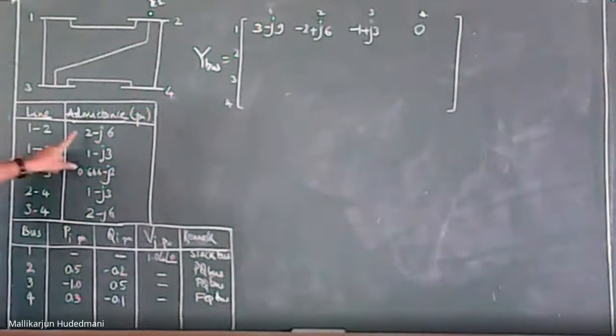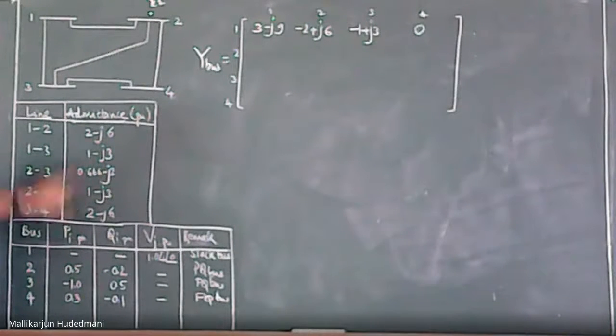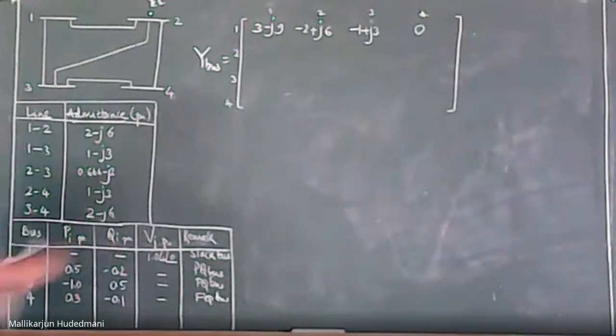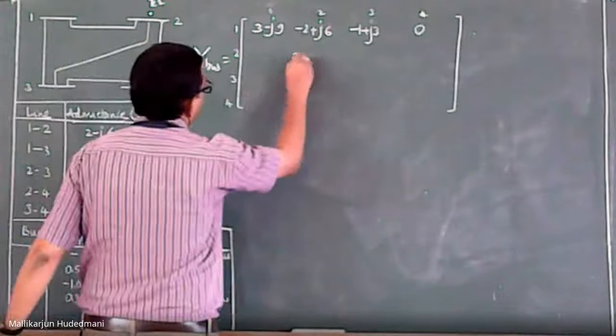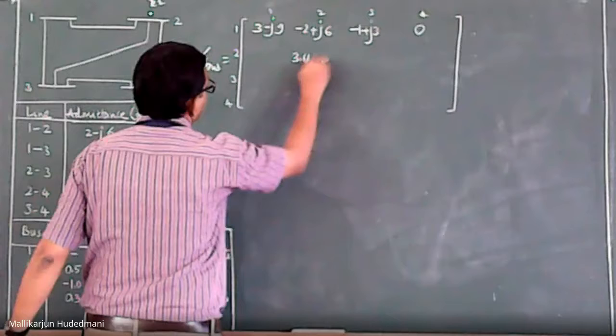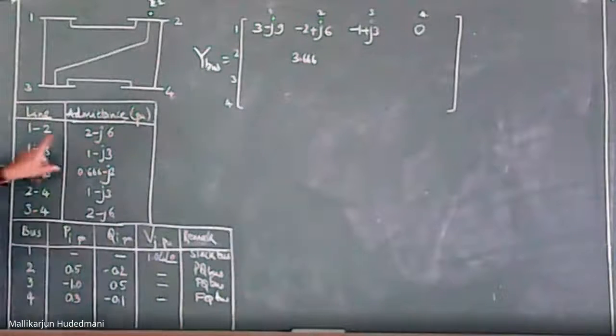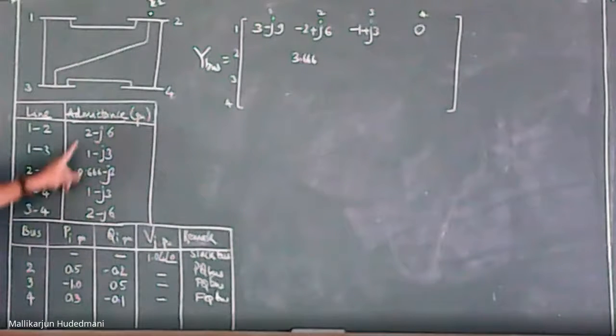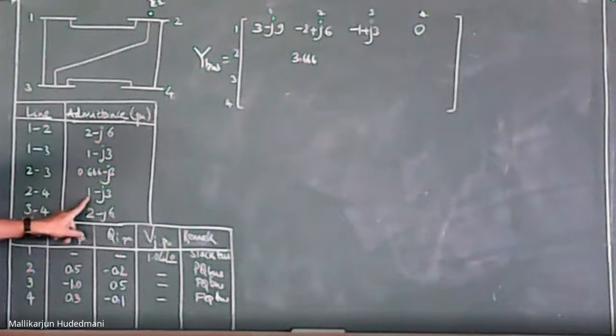If I add, what will I have? On the real term, 2, 2.66 and another 1. It becomes 3.666. You can see here there is a 2, there is a 2.66, there is a 1. 2 plus 2.66 plus 1 is 3.66.